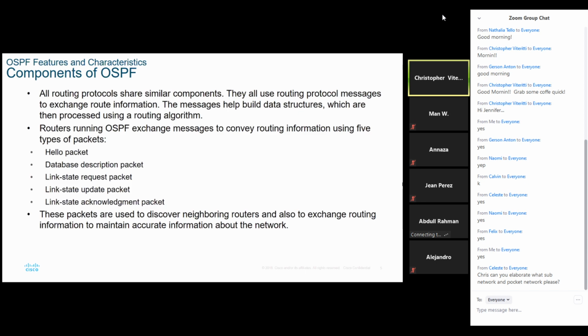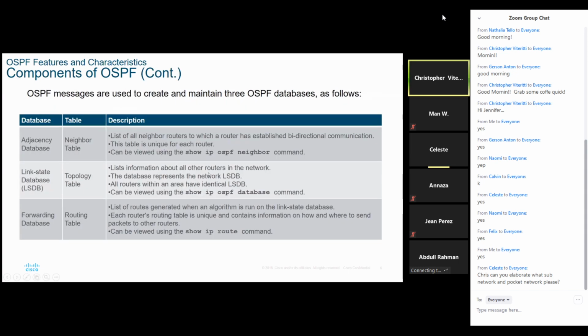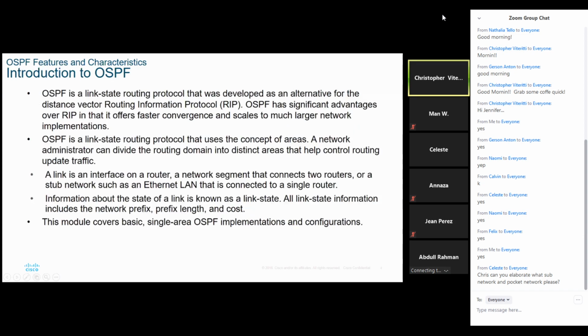Elaborate what sub-network and pocket network? What? Where'd you get sub-network? No, I mean stub network, typo. And stub network. I had to Google stub network, and it says the same as pocket network. When you go back a slide, where are we?